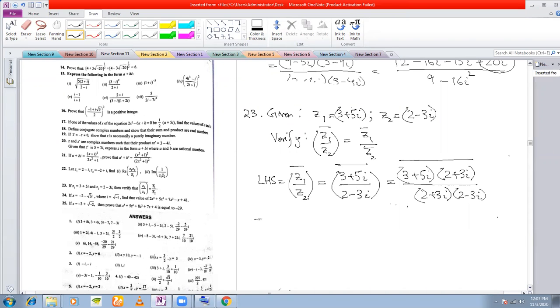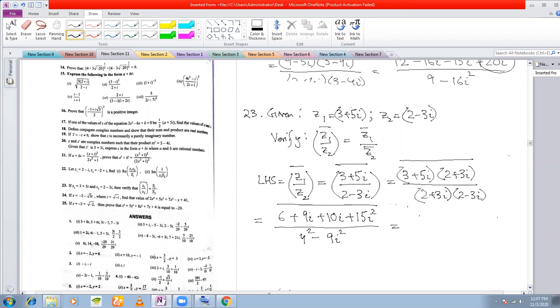So now you multiply on top. You get 6 plus 9i plus 10i plus 15i square, divided by 4 square minus 9i square.